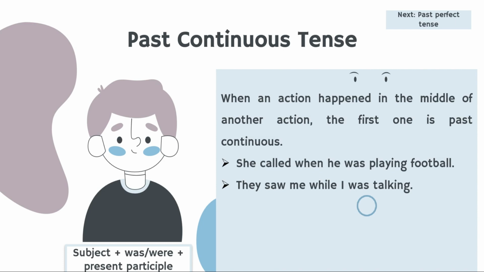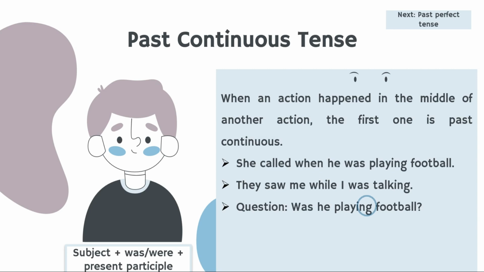For making questions in past continuous tense, we just change the place of was or were with the subject. For example, was he playing football? Or was I talking while they saw me?